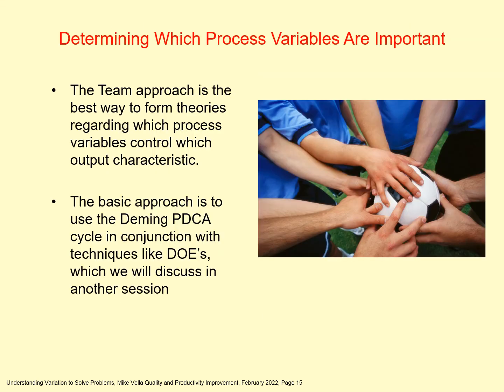A team approach is the best way to form theories regarding which process variables control the output characteristic. Those theories then need to be tested and proved. The basic approach we talked about is Deming or Shewhart, plan, do, check, act, in conjunction with techniques that we'll be discussing in another module, like designed experiments.